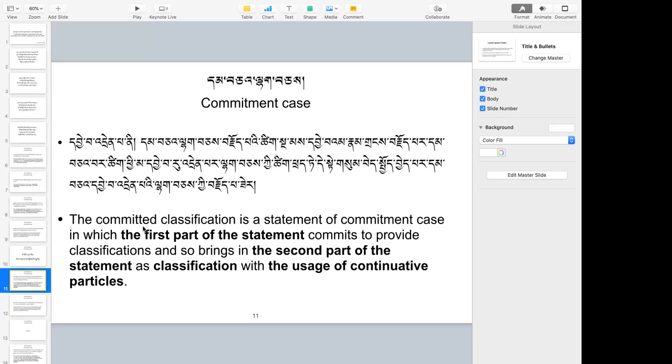All of these three components, as you see here, what I have done is that I have made sure to highlight the important details of the definition. Three components: the first part of statement, second part of statement, usage case. Classification is highlighted here to show the function of this particular statement, and the function of this particular statement is to provide classification as committed by the first part of the statement.